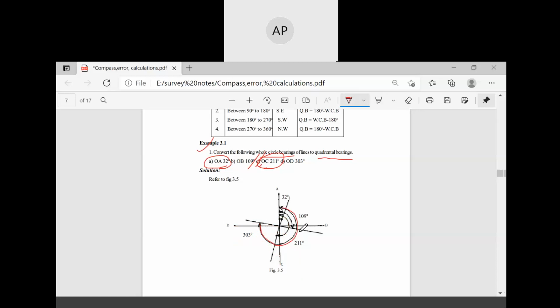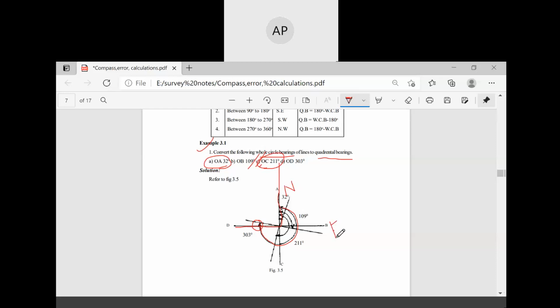This one is 180. 180 plus 90 is how much? 270. So 270 plus something. So this angle and the quadrant is, not DA, the direction. North. This is north. This is your east.